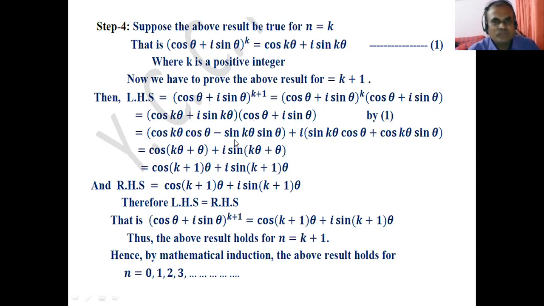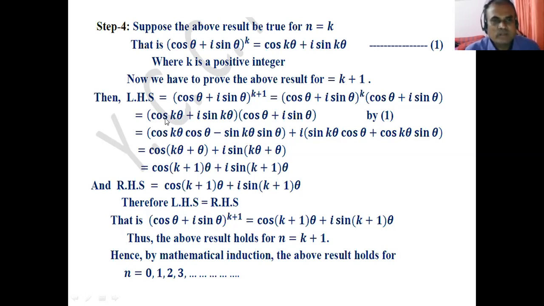Now we multiply: cos of k theta times cos theta, so cos k theta cos theta, plus i sin k theta multiplied by i sin theta. So i times i is i squared, and the i squared value is minus 1, so minus sin k theta sin theta. This is the real part, which we collect in the first bracket.